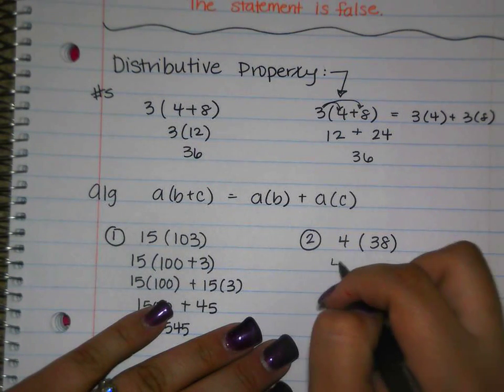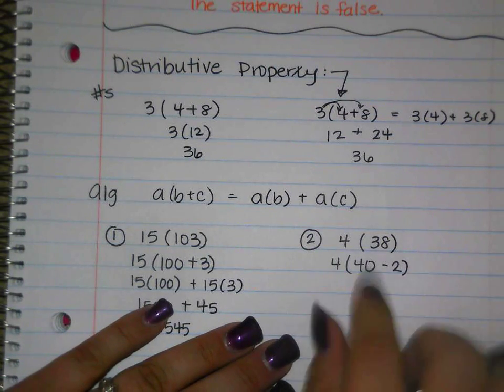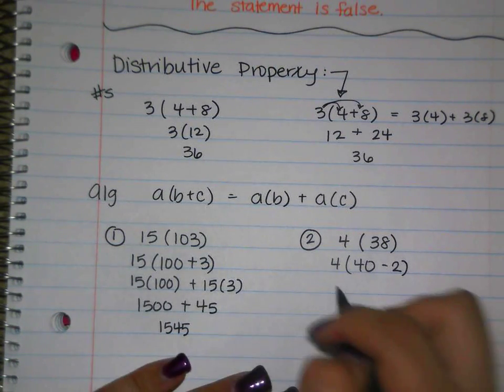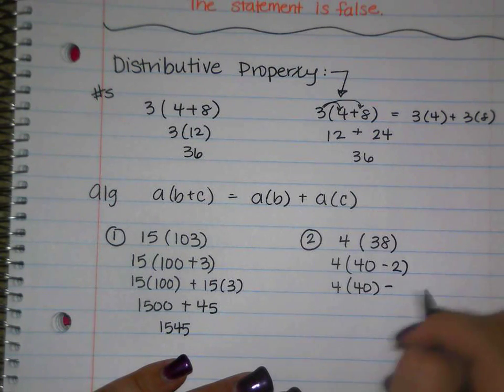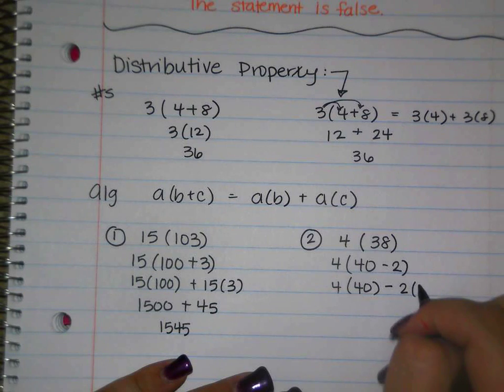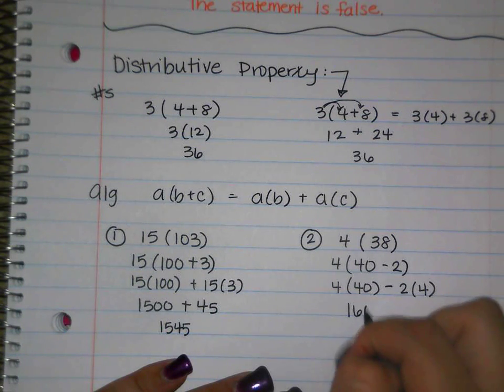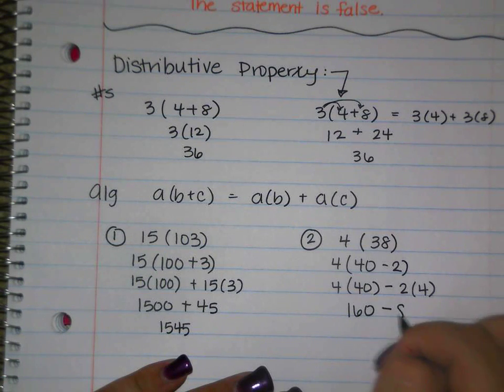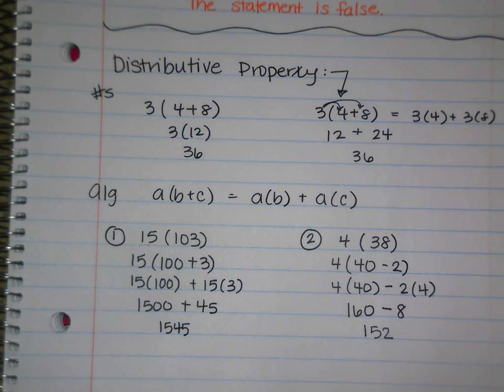So what if I did 4 times (40 minus 2), which again does equal 38. Then I do 4 times 40 minus 2 times 4. That becomes 160 minus 8, which can then become 152, because that's an easy thing for me to do.